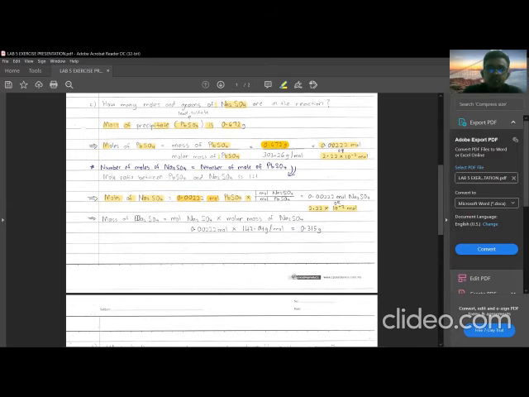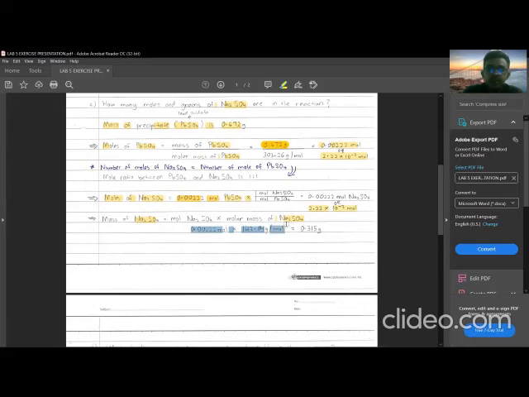Then the mass of Na2SO4 is the mole of Na2SO4 times the molar mass of Na2SO4. The molar mass we can get from the periodic table, which is 142.04 gram per mole, and the mole of Na2SO4 we get here is 0.00222.